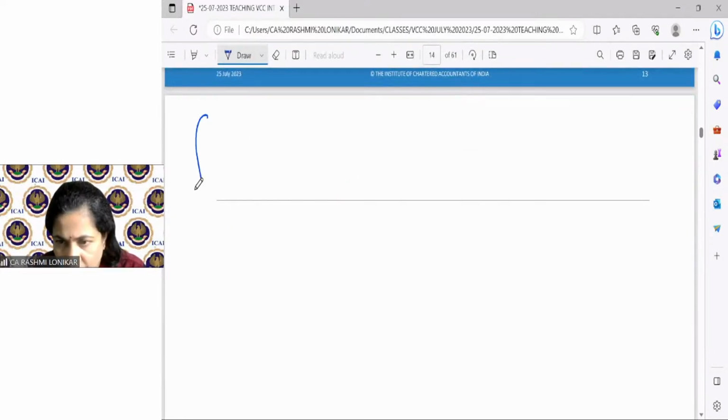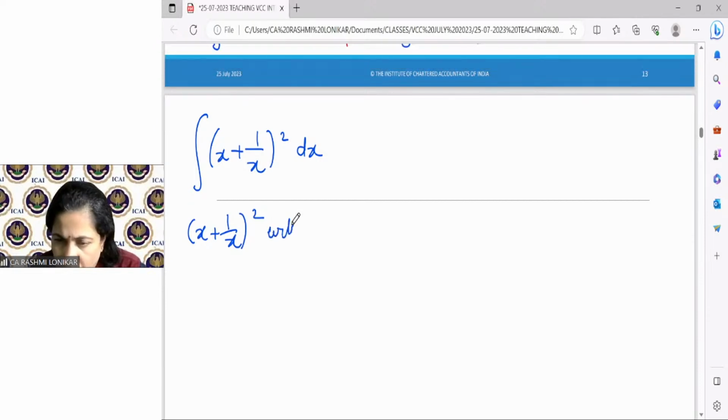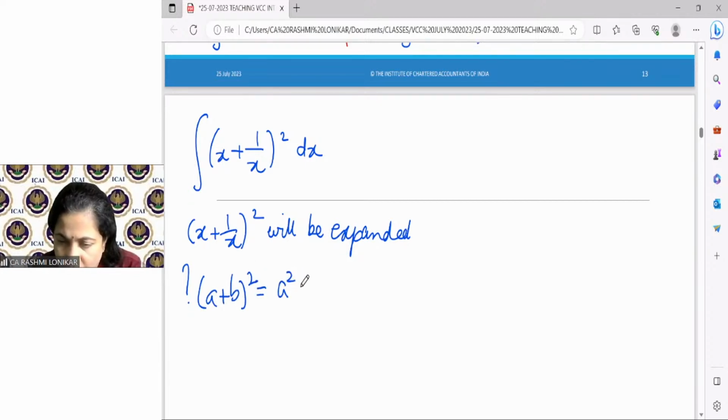I have the integral of (x plus 1 upon x) whole square dx. First, I will tackle (x plus 1 upon x) whole square, which will be expanded. How do I do that? Using the formula a plus b whole square is equal to a square plus twice ab plus b square.